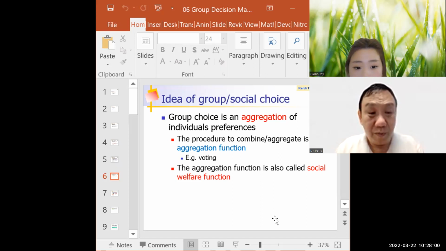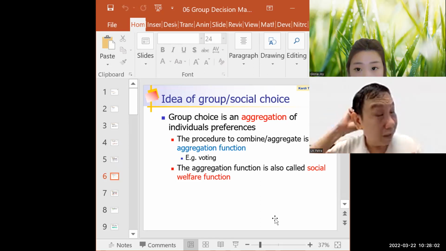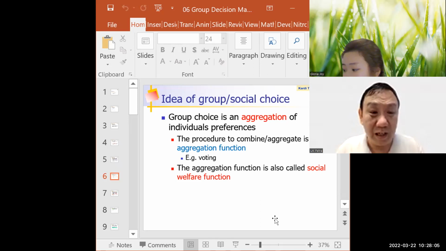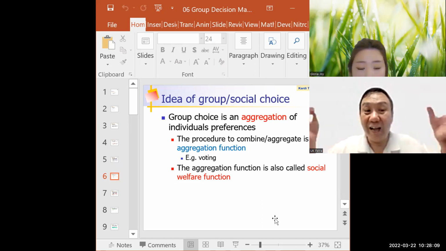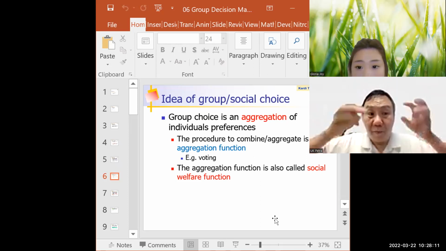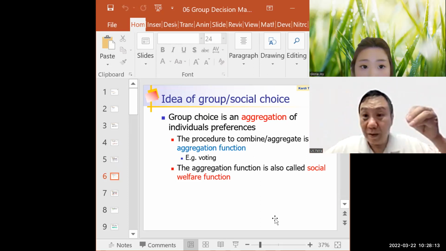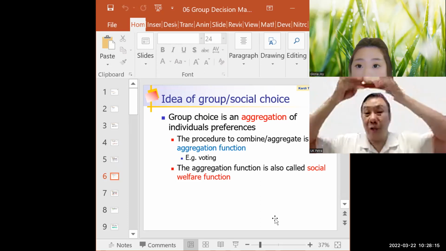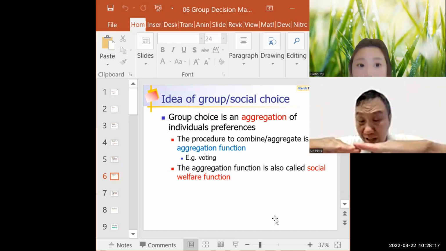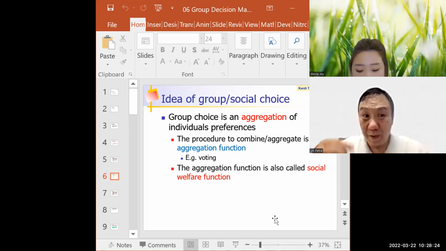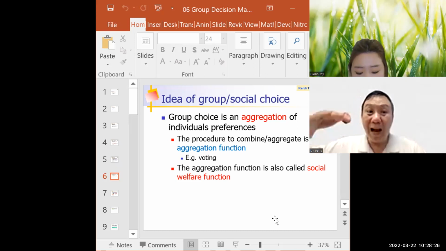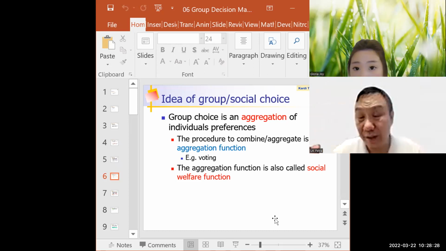Kenneth Arrow calls this a social welfare function. It's an aggregation. What is aggregation? From individual preference, you aggregate into social. So in the micro level, individual preference, and then on the macro level, the social choice, the group decision.